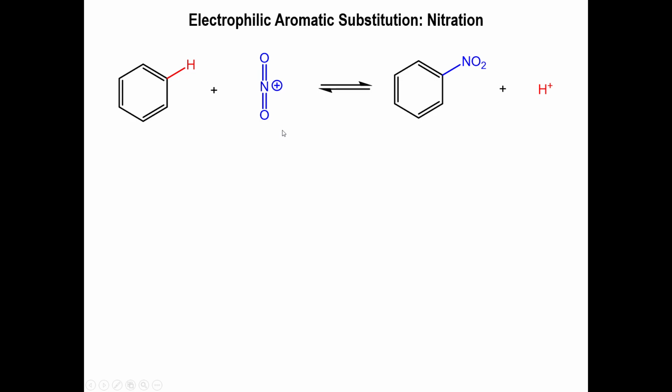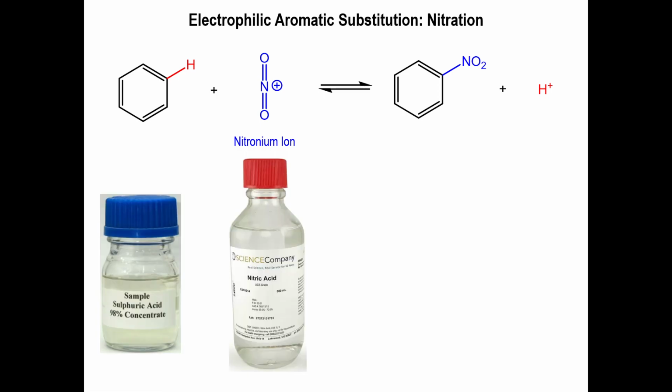And all you end up doing is installing a nitro group onto the benzene ring by doing this reaction. Now, the nitronium ion, the NO2 plus cation, is not something you can necessarily have as a reagent. You usually make this in situ. You'll prepare it right as you're about to do the reaction.